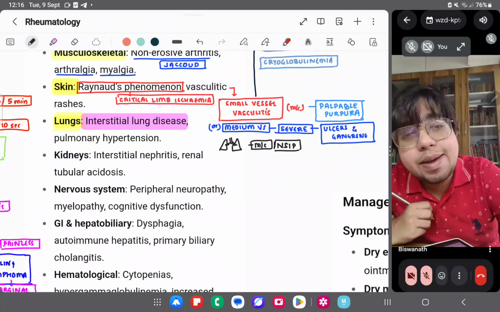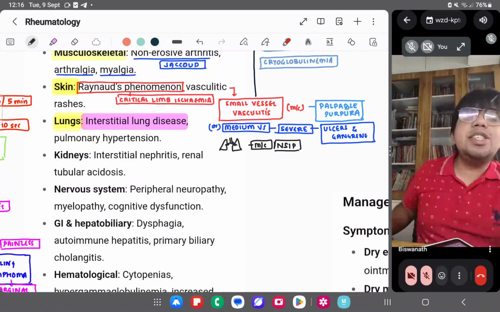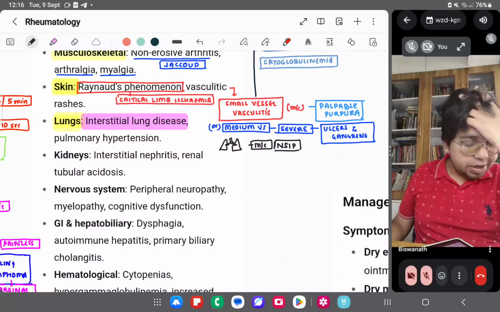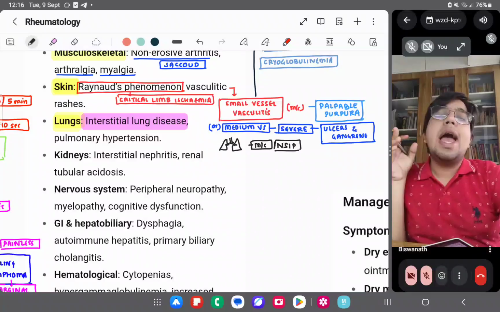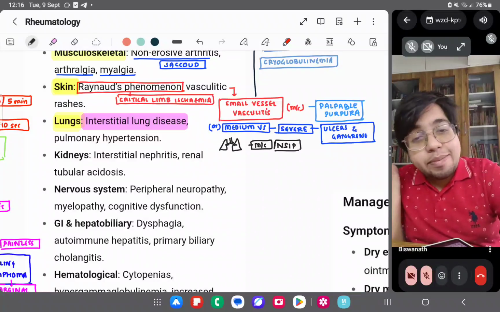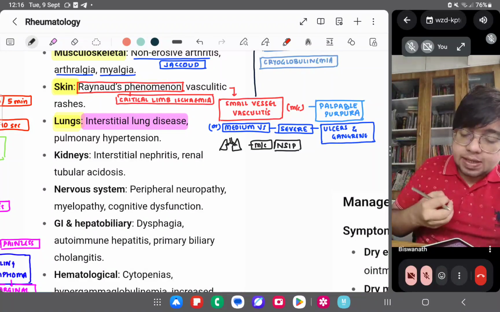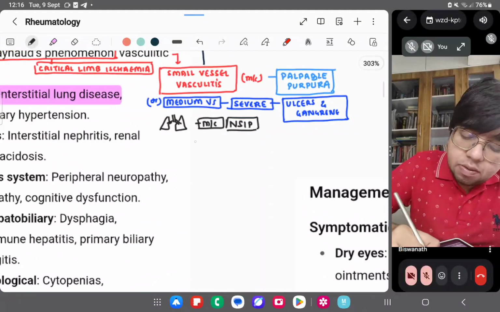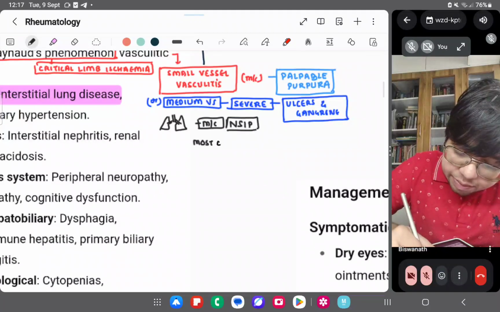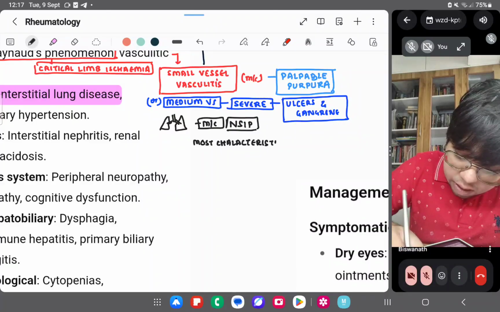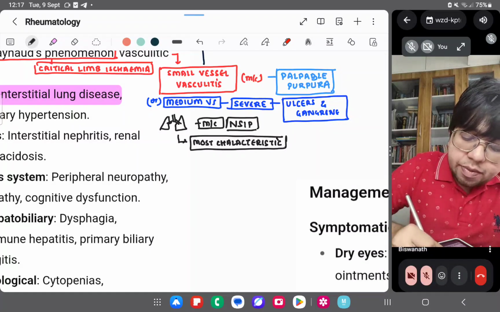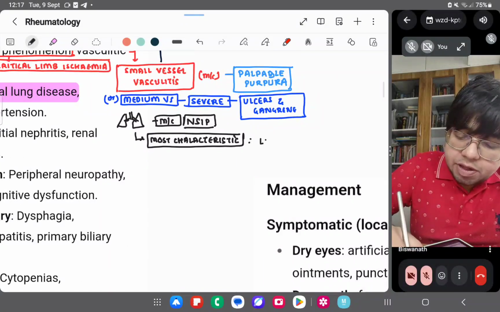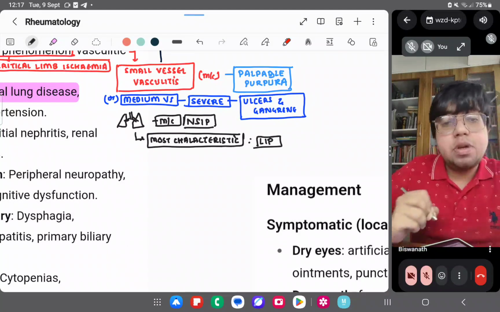What do you mean by NSIP? Non-specific interstitial pneumonia. If you ask the most characteristic lung manifestation, it is LIP, not lip.